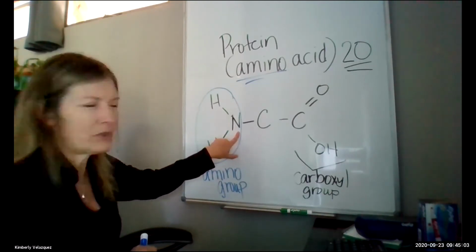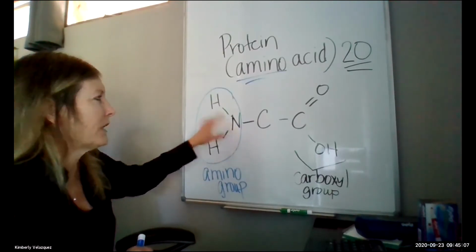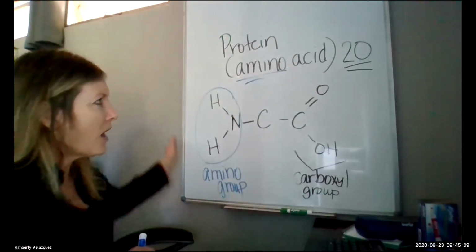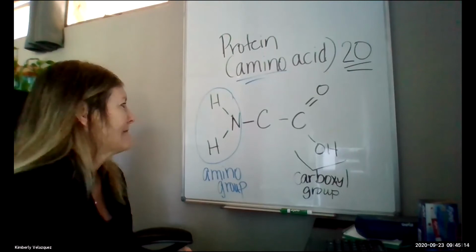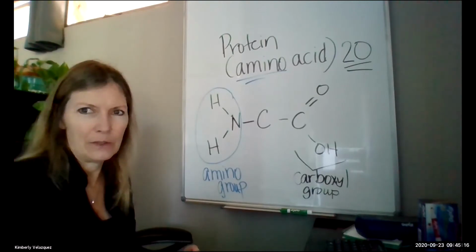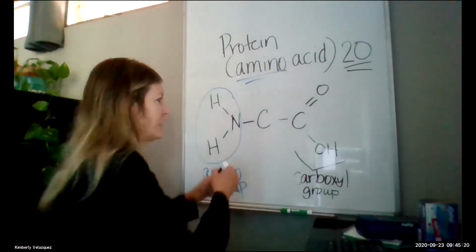So if you see this nitrogen with either 2 or 3 hydrogens attached, that is an amino group. This entire molecule is going to be an amino acid. Then there's a hydrogen.